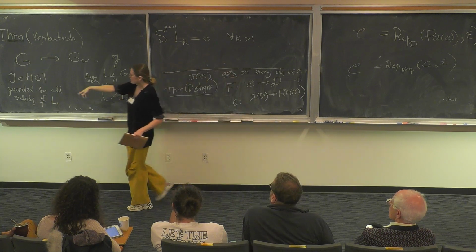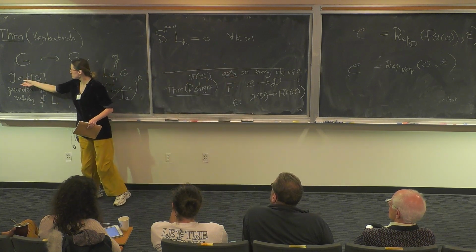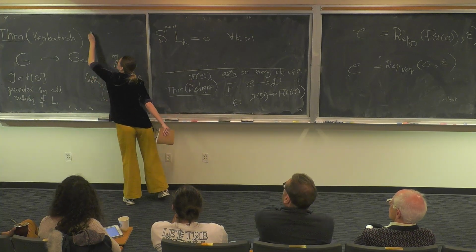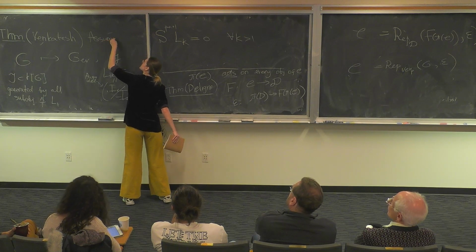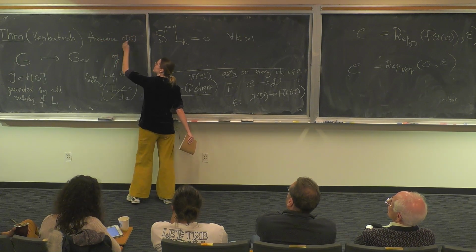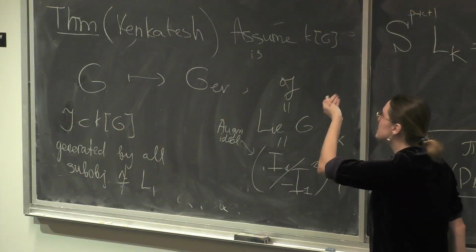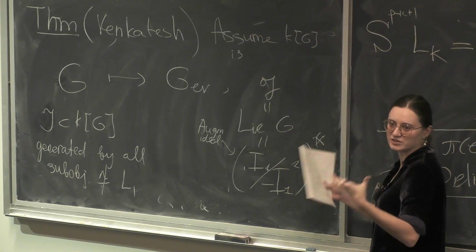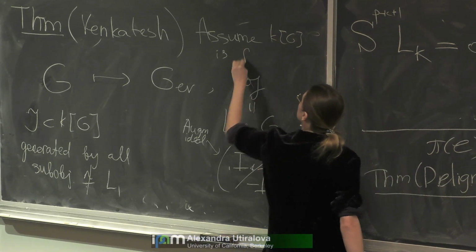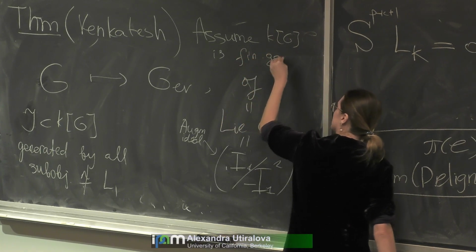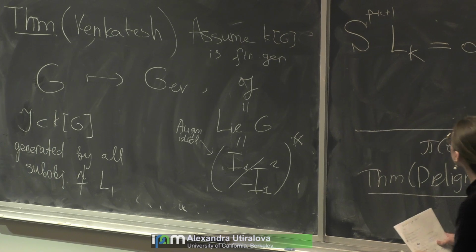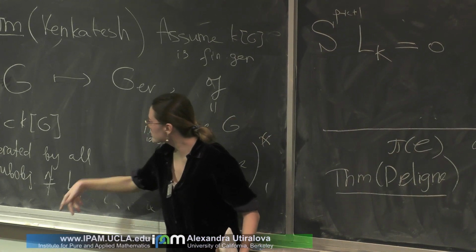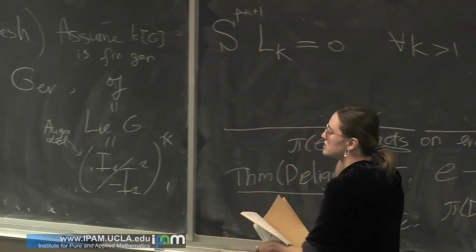In particular, I need this assumption: assume K of G is finitely generated, so it's a quotient of the symmetric algebra on some object in Verlinde P rather than in the completion of Verlinde P. Then every subobject not isomorphic to the monoidal unit is nilpotent.